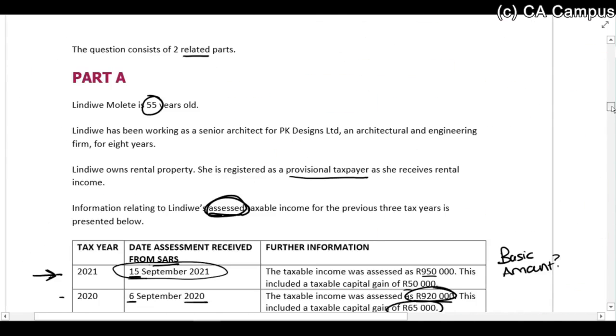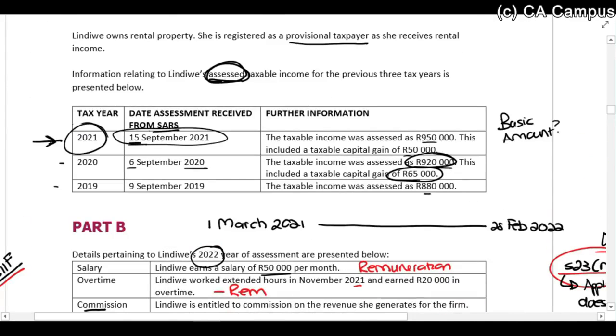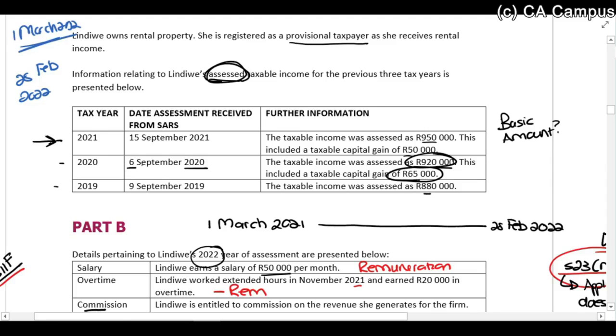But now, no matter whether it is 1 March or 28 February 2022, this 15th of September is 14 days or more before that. So we will have to use the 2021 amount.